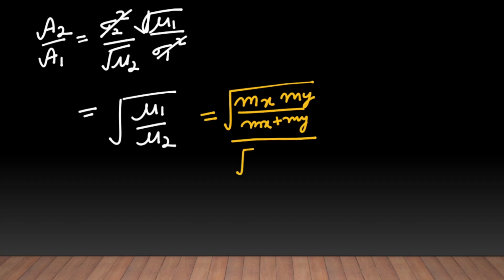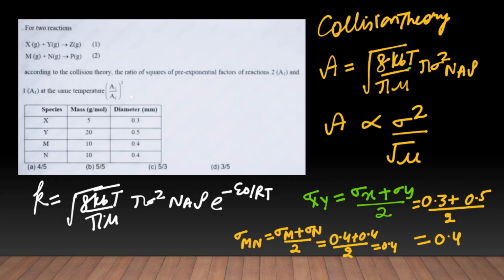Now for mu 2, that is for the reaction between m and n, it will be mass of m into mass of n upon mass of m plus mass of n. Now these values are given to us, so you just have to substitute them. Mass of X is given as 5, and of Y it is given as 20.